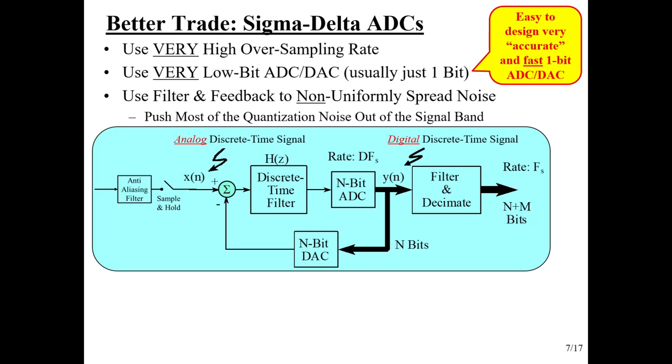Now I need to comment on something here. I'm saying an analog discrete time signal and a digital discrete time signal. So all of this stuff is based upon bits, binary encoded words. This is binary implemented discrete time signal processing, literally digital signal processing.